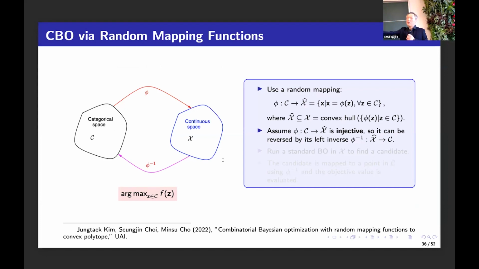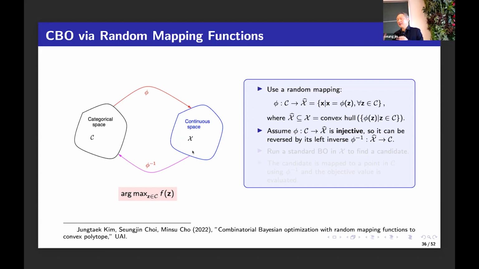So, low dimensional embedding. Suppose we are in a categorical space, and we need to solve some optimization problems in this categorical space. You transform your problem into another space through a certain transformation, and this embedding space is continuous.